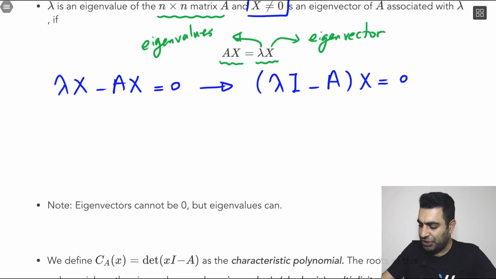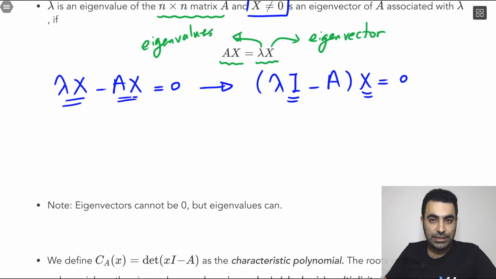So let's check it. If I multiply x by lambda I, lambda is a scalar number, I is the identity matrix. We know that the identity matrix multiplied by any vector returns that vector back. So I times x would be simply x, and multiplied by lambda generates lambda x. Similarly, A times x generates the second term, so these two are basically equivalent to each other.